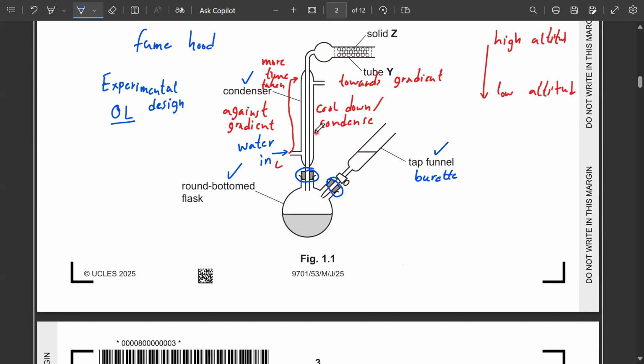And if we stop that water coming out or escaping from the apparatus, it will definitely create some pressure. The pressure will build up inside the apparatus. So to reduce that pressure, the bung is not used at the end of this condenser, only to prevent or avoid the pressure buildup in the apparatus. All right.